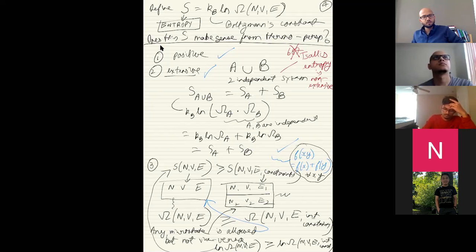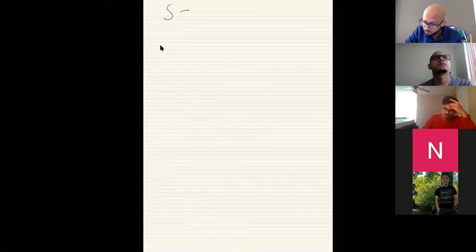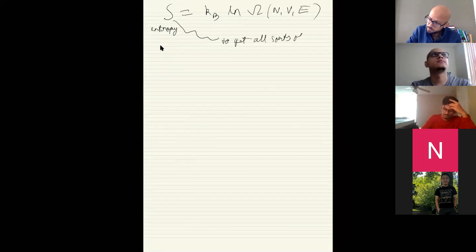Now, this is really wonderful news because now that we have connected the thermodynamic entropy S to the log of the microcanonical partition function, we now know how to manipulate S to get all sorts of other thermodynamic functions, right? We have at our disposal the full machinery of thermodynamics of 684 or 481 or whatever class you have taken to get things out of it.